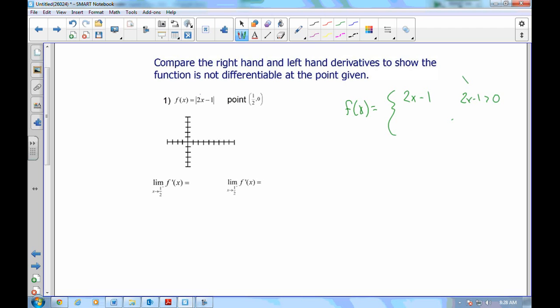So it's positive when x is greater than 1/2. Versus the negative version, and one of them needs the equal to. Doesn't matter which one, but one of them needs the equal to. This one is x is less than or equal to 1/2.